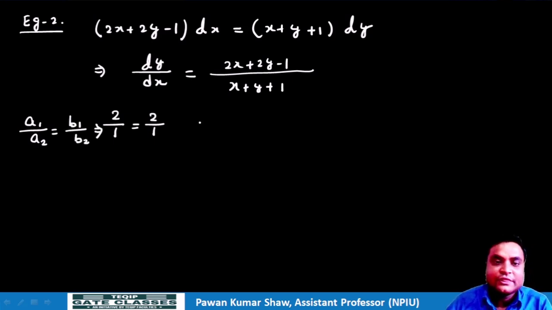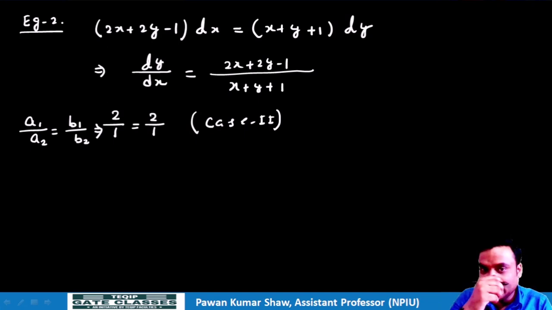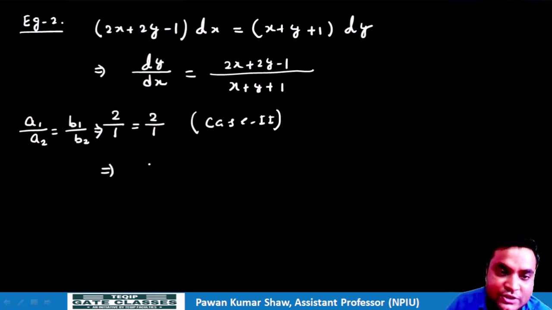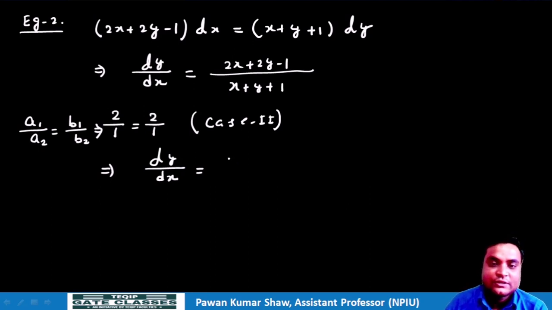So this is our case number 2. Here we can apply case number 2, and in case number 2 we can take a substitution, because now you can see that this a1, that is 2, we can write as 2 times a2, that is we can write a1 as a multiple of a2 and b1 as a multiple of b2.